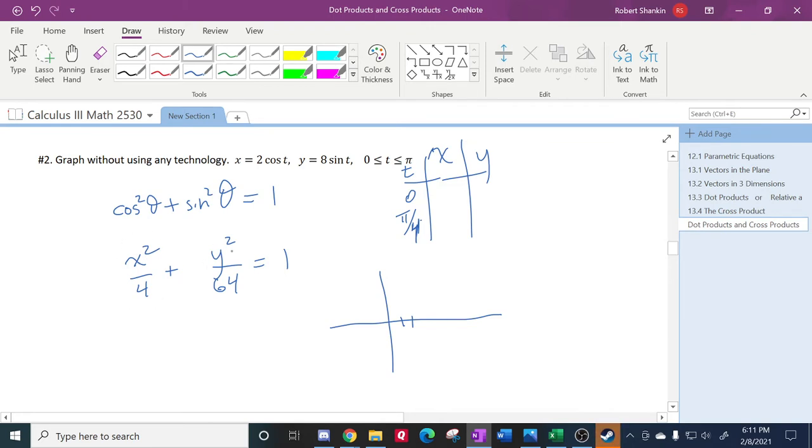You can't add a positive number to a number bigger than 1 and get 1. So x is confined between negative 2 and 2. Similarly, y is confined between 8 and negative 8. And then the shape is an ellipse like this.